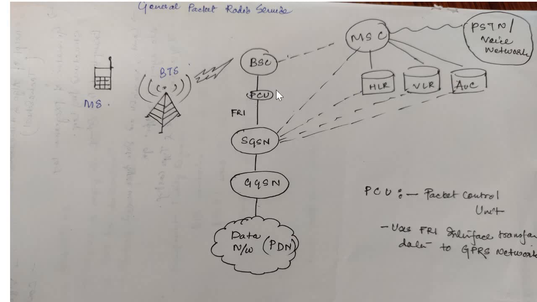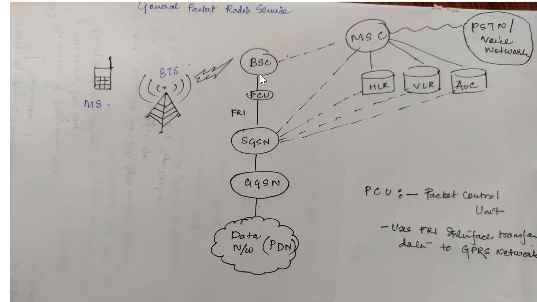If it's a data message, it has to route through the packet control unit. If it's a voice request, it will use the GSM architecture entirely, which we studied earlier. So here, I am taking the latter case.